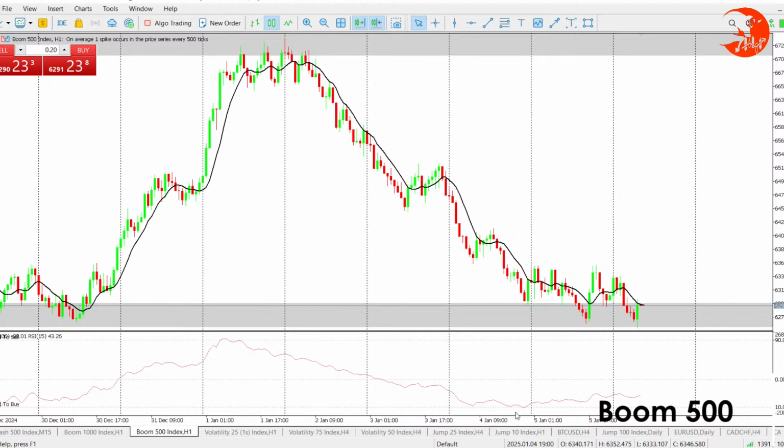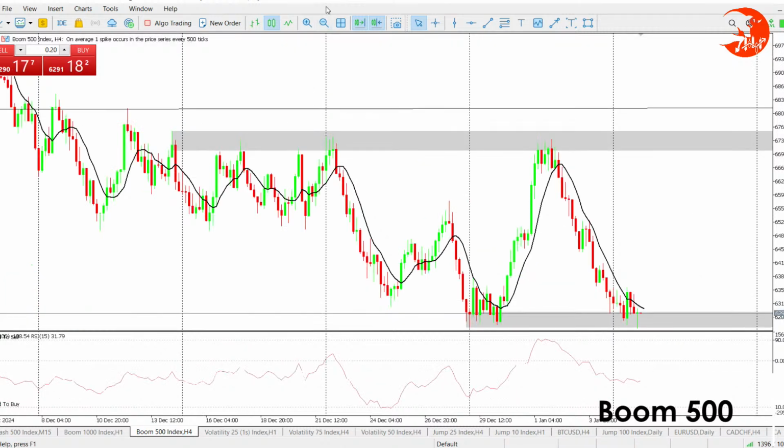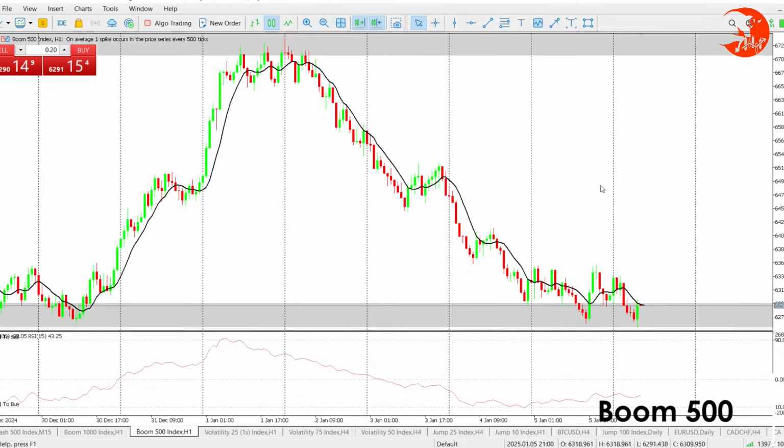H4 confirms that it is oversold, meaning that this is a clear double bottom on H4. So if H1 has confirmed that, then we can wait.